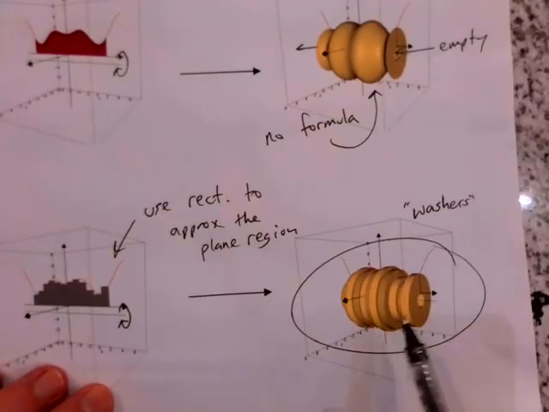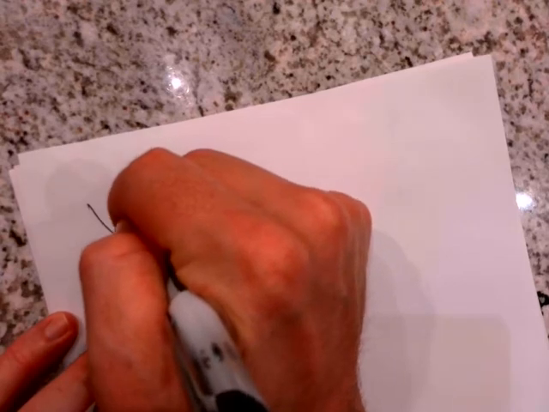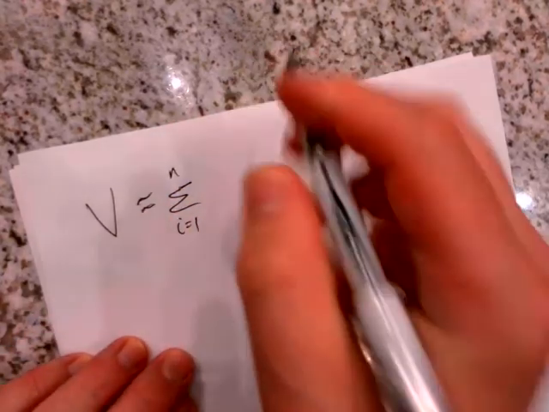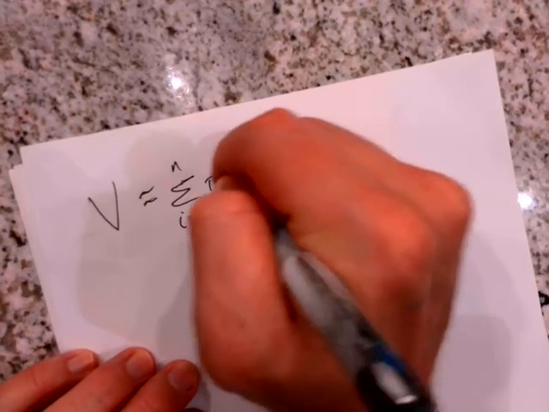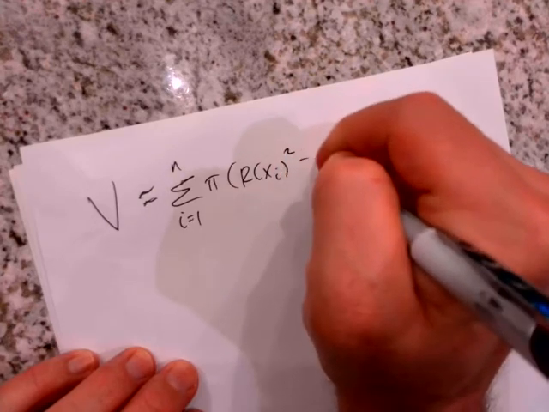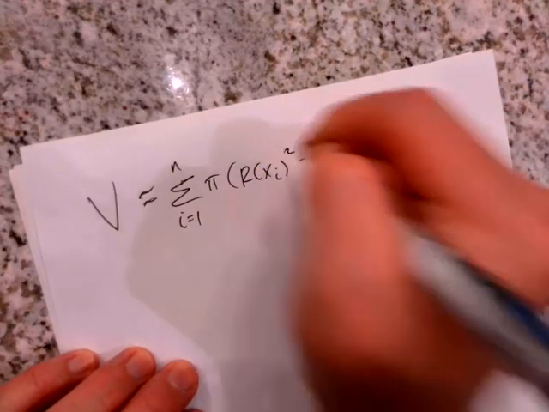And then the exact volume, the volume that I'm approximating with those washers, I can say the exact volume of my entire solid is approximately the sum from 1 to n of V sub i, which is pi times big R of x sub i squared minus small r of x sub i squared delta x.